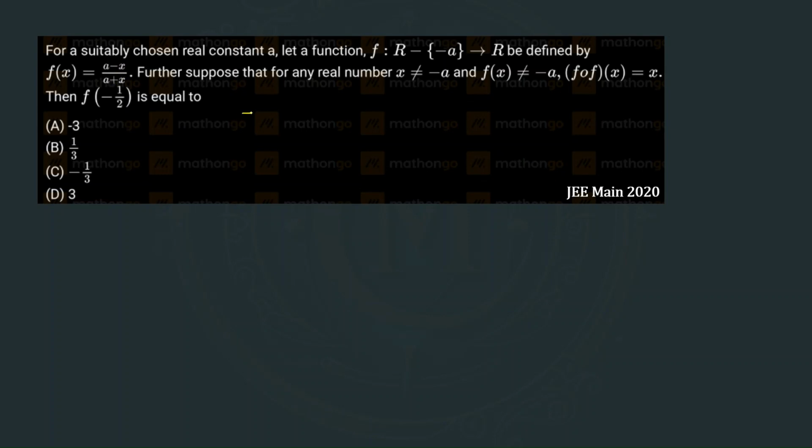So here it will be minus 1 plus a equal to 0, so a comes out to be 1. So f(x) is (1 minus x) divided by (1 plus x). So f of minus half we can easily calculate. It will be equal to 1 plus half, which is 3 by 2, divided by 1 minus half, which is half, so 3.